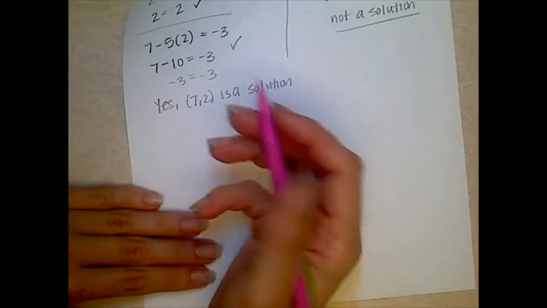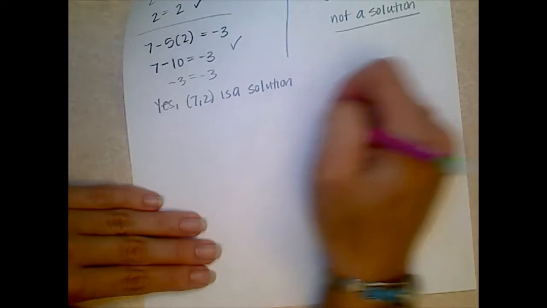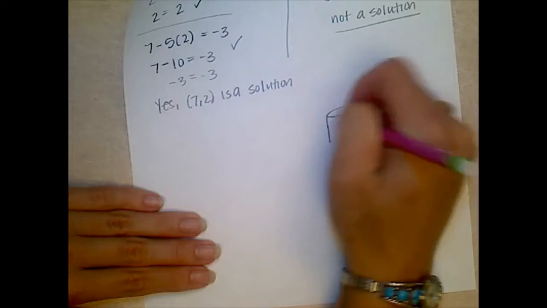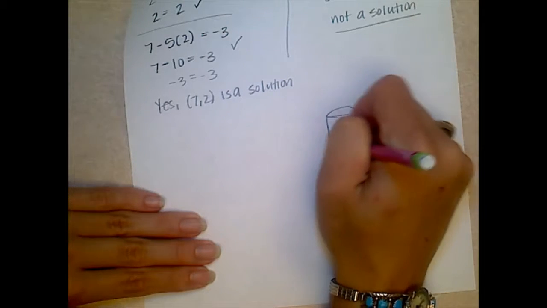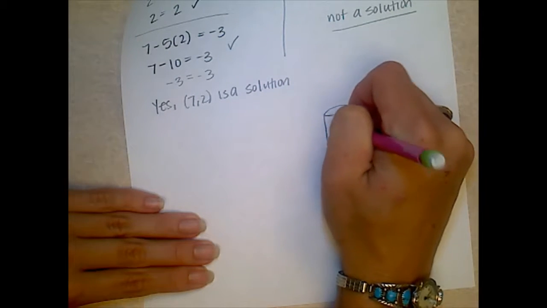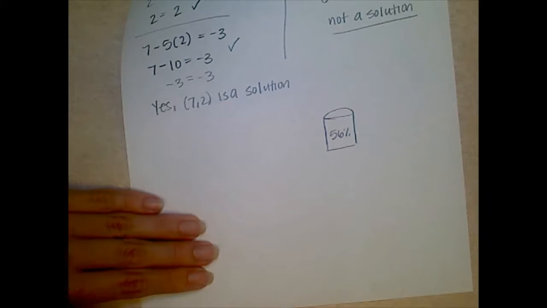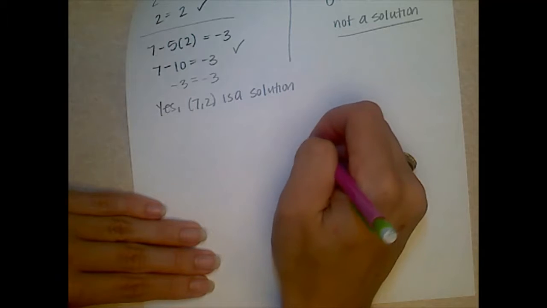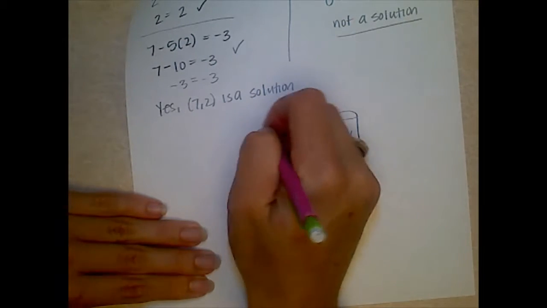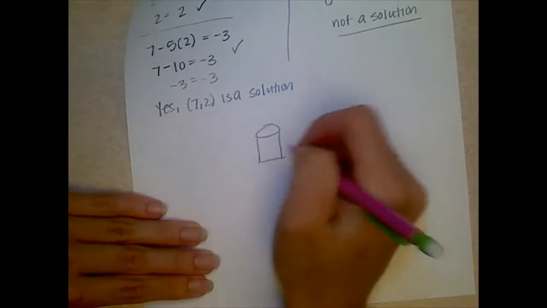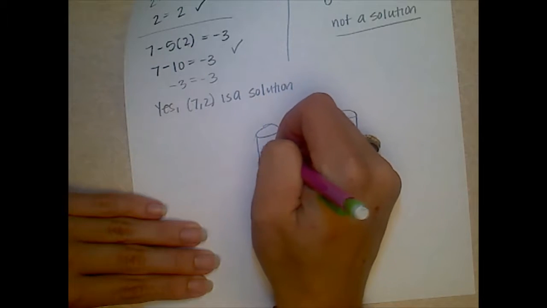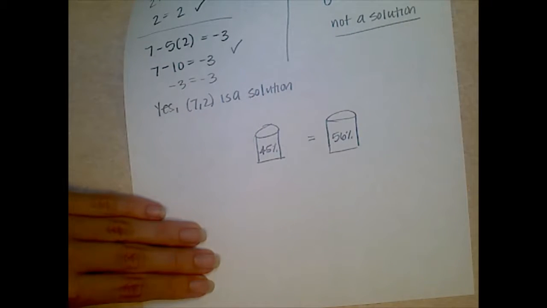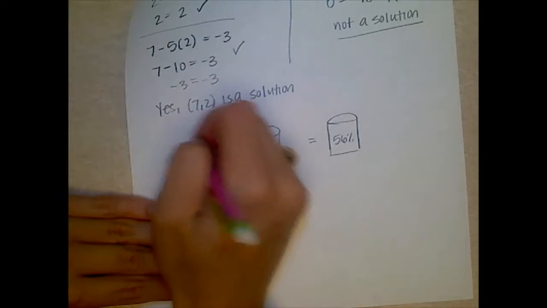Our goal is a jar that's 56% peanuts. Right now we have a jar that's 45% peanuts. So we know we need to add something to it.